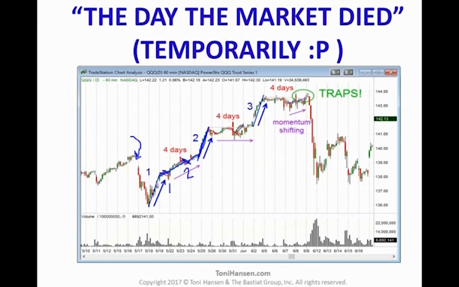Now up here, we had something closer to a traditional type of rest, where it had an initial pullback and a secondary pullback, but you'll notice right here that it gapped up, and that could have triggered a trap. Why was it too early to offer a strong break on the upside?